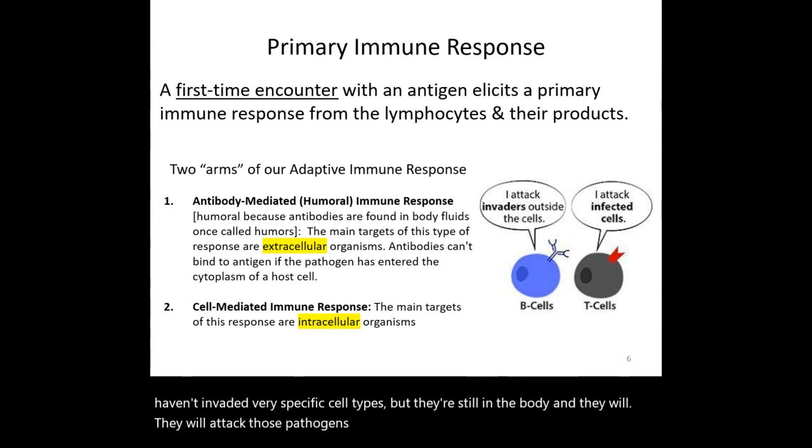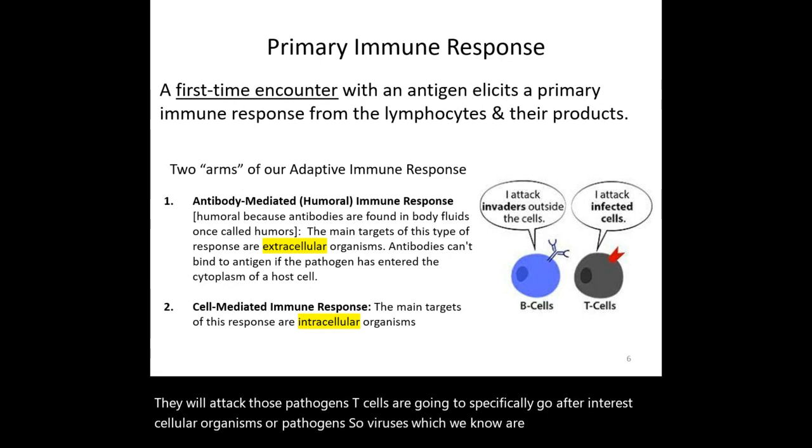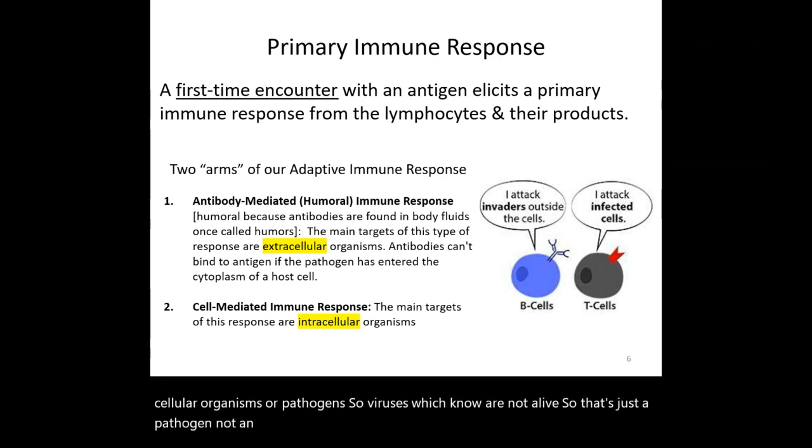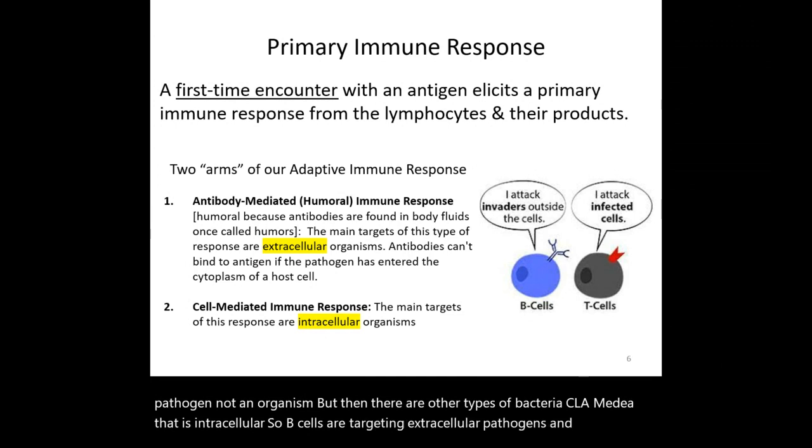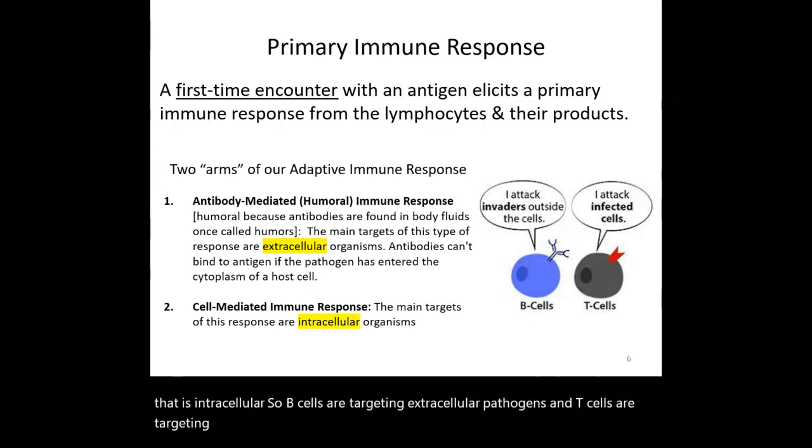T cells are going to specifically go after intracellular organisms or pathogens. So viruses, which we know are not alive, so that's just a pathogen, not an organism. But then there are other types of bacteria like chlamydia that are intracellular. So B cells are targeting extracellular pathogens and T cells are targeting intracellular pathogens.